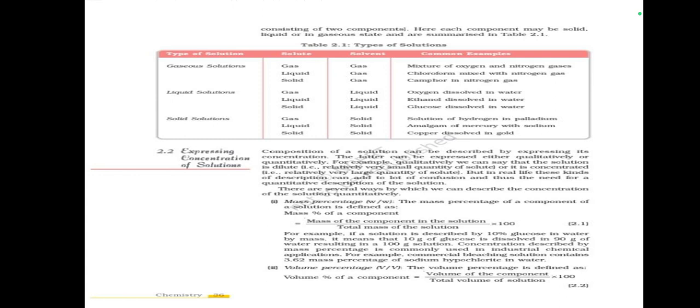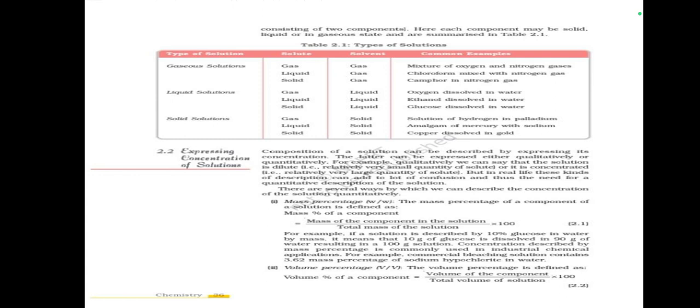But in real life, these kinds of description can add a lot of confusion, and thus the need for a quantitative description of the solution. There are several ways by which we can describe the concentration of the solution quantitatively.